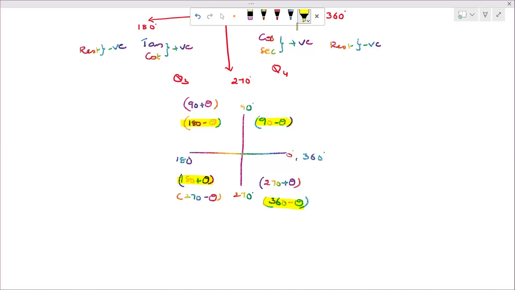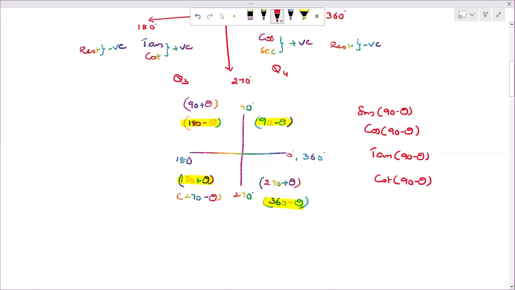See here, 90 minus theta means complementary angles. Like sine of 90 minus theta, cos of 90 minus theta, tan of 90 minus theta, cot of 90 minus theta, secant of 90 minus theta, and cosecant of 90 minus theta.